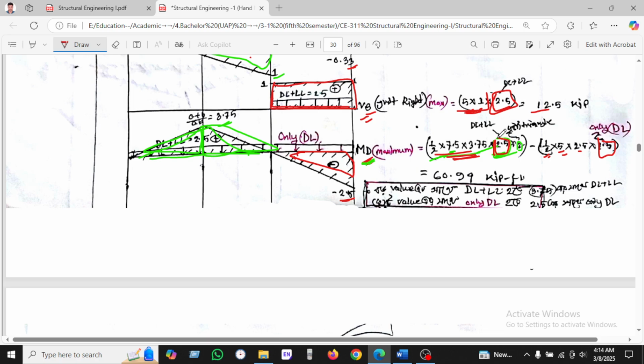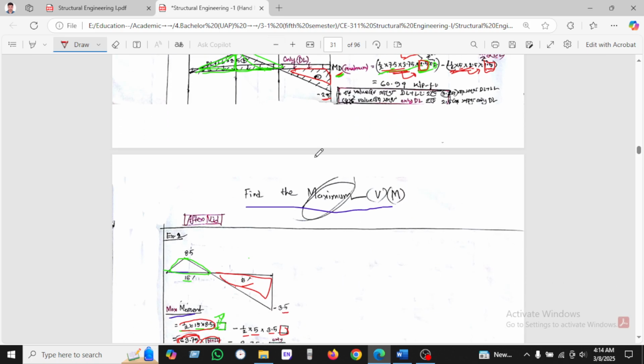That's why we use 2.5, which is dead load plus live load. On the other hand, we have seen only dead load where there is a smaller value. The smaller value is multiplied with only dead load, and the maximum value with dead load plus live load. Okay, I hope you understood.